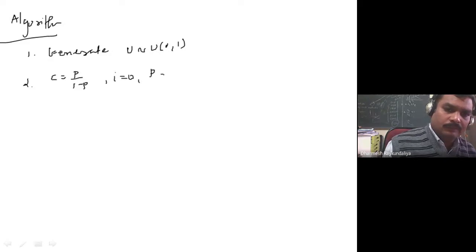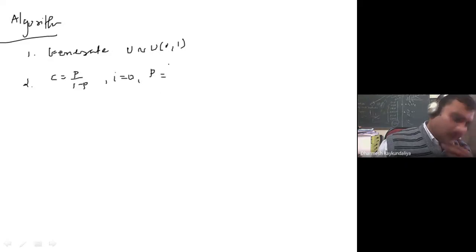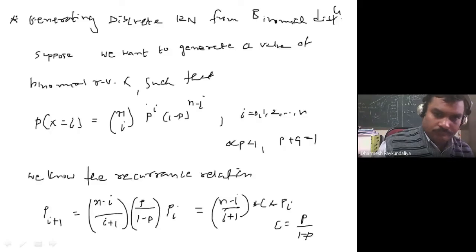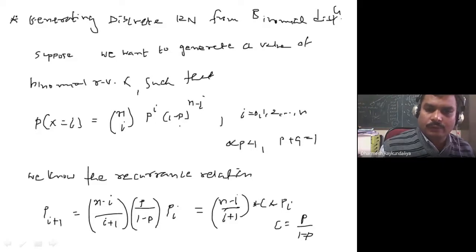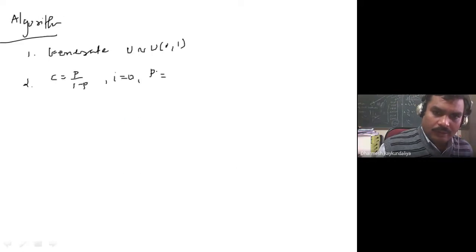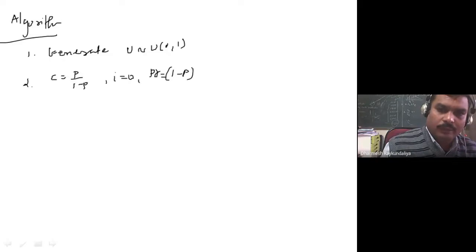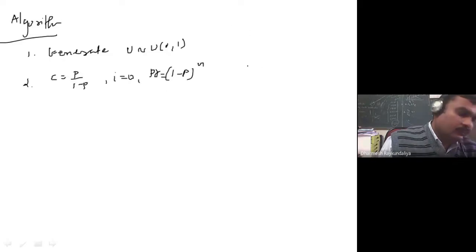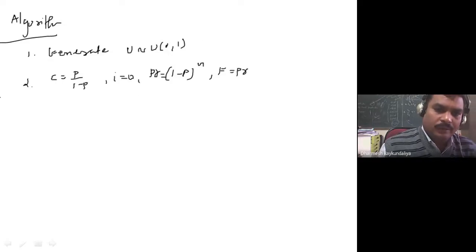What is P? Call it P0. So with i equal to 0, nC0 is 1, p raised to 0 is 1, it is (1 minus p) raised to n. So it is nothing but (1 minus p) raised to n. And you assign F as PR. That is the initial probability.